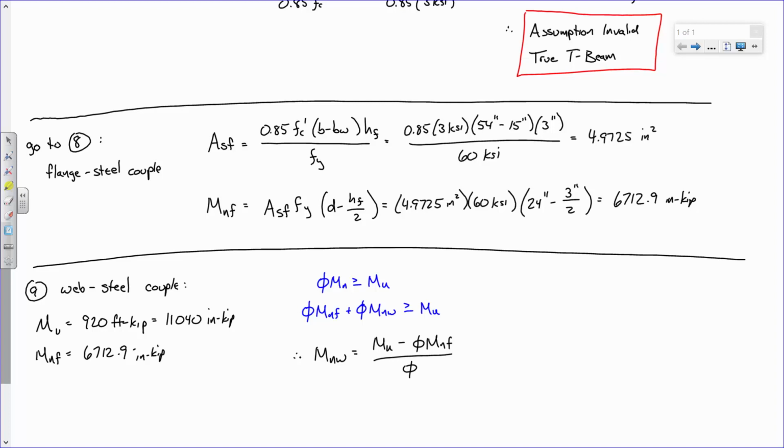Yep, you're exactly right. But we're still in design mode. We haven't designed anything, so MU minus 0.9 times 6712.9 inch kips over 0.9. And so this equals what?